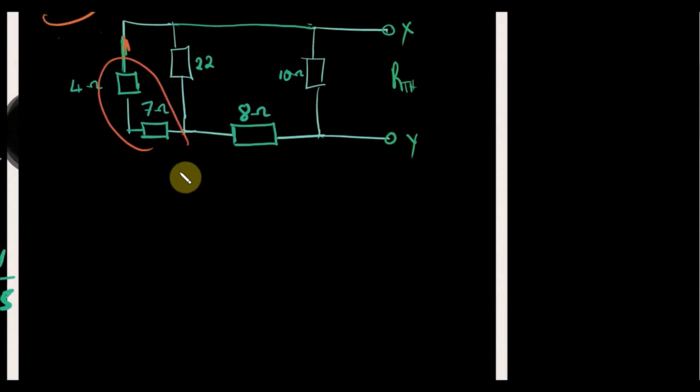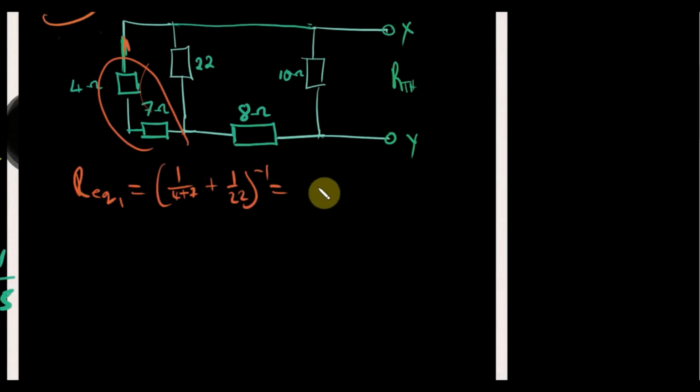These two are in series, and together they are parallel to the 22 ohm resistor. So we can get R equivalent, call it 1 over 4 plus 7, that is 11, plus 1 over 22.